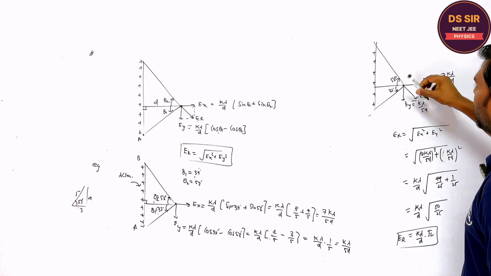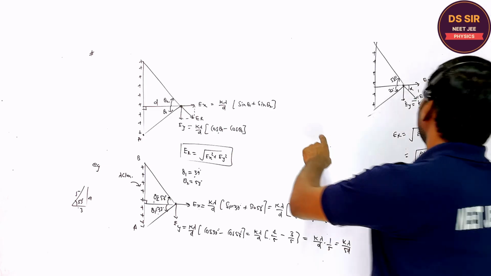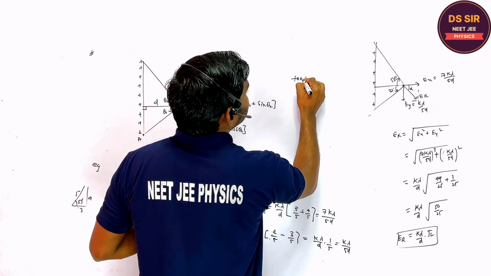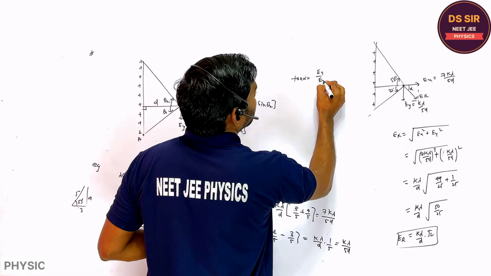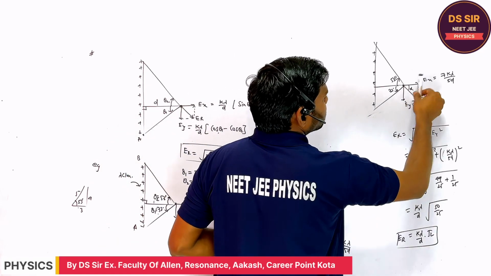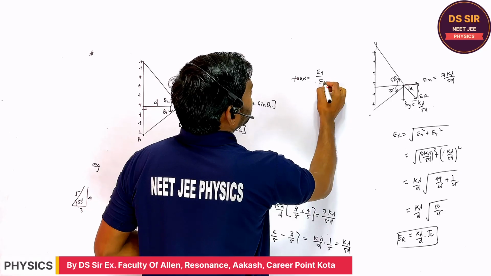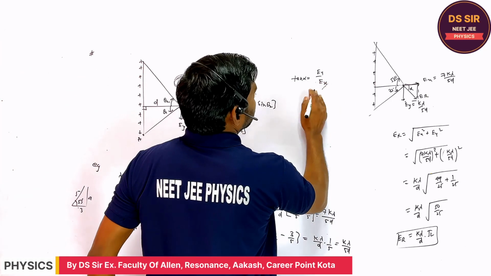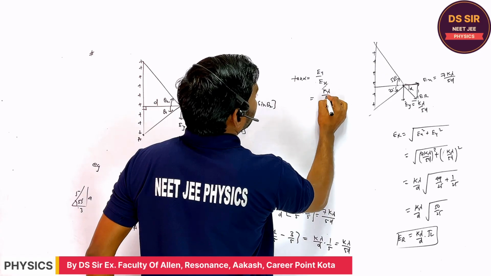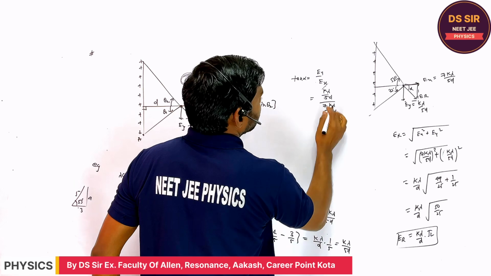Now if this is the net electric field and if you want to find this angle alpha, how to find this alpha? The tan alpha is nothing but perpendicular upon base. This is Ey upon Ex. So you may write the Ey value, which is k lambda upon 5d, and Ex is 7 k lambda upon 5d.